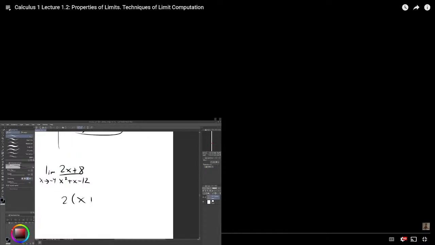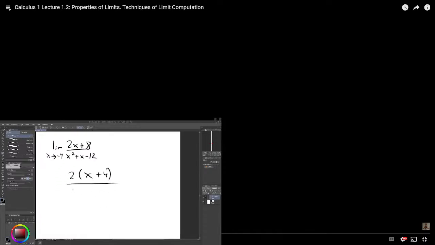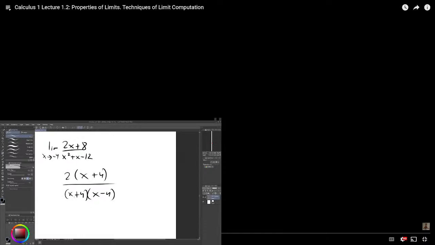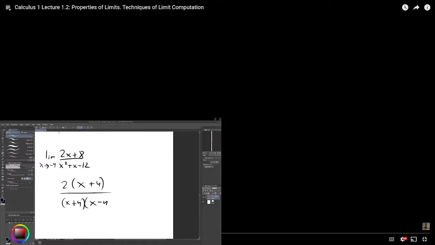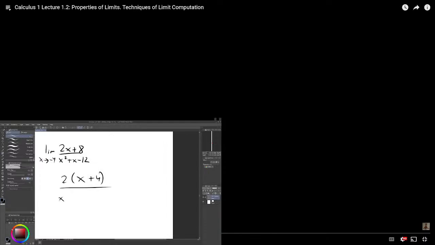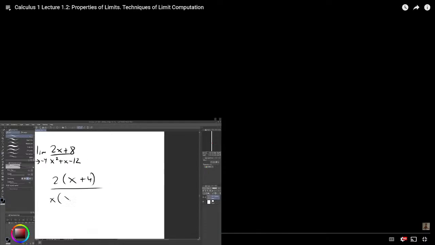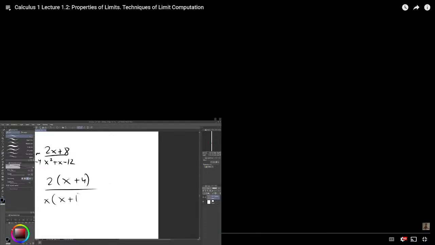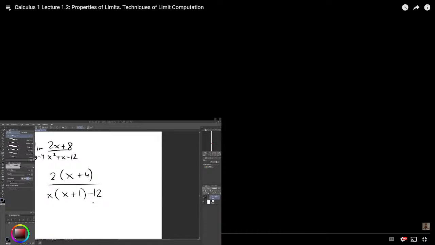Factor out at 2, x plus 4, x plus 4, x minus 4. There's still a plus x there. X plus 1 minus 12.